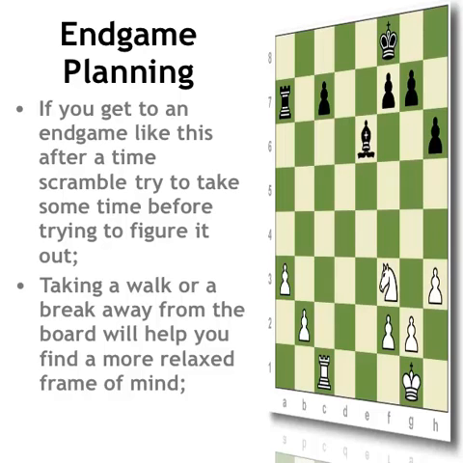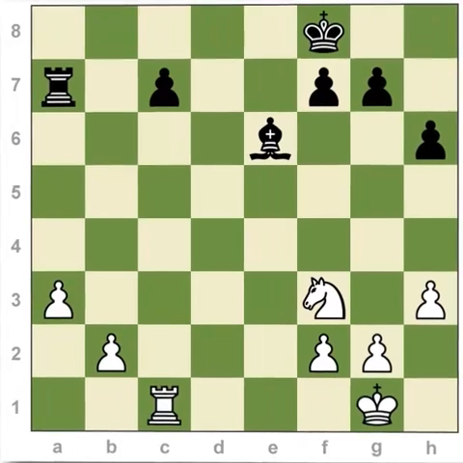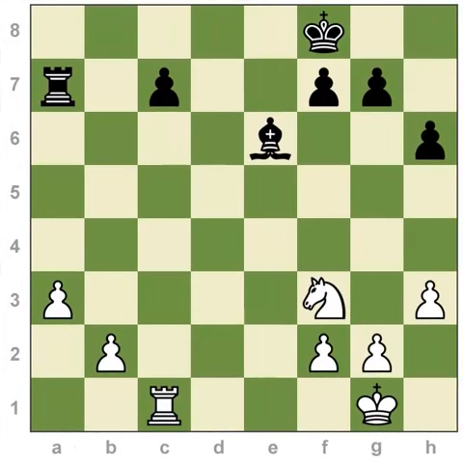You should be thinking, all right, I have all the time in the world to convert my extra pawn. Black doesn't really have any tactical activity that I have to calculate. So I just have to find the winning plan.